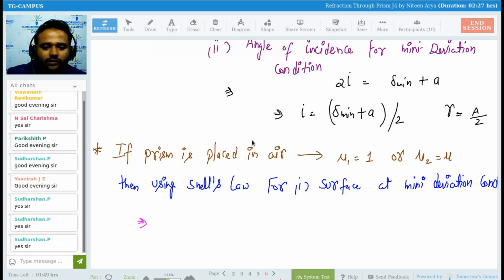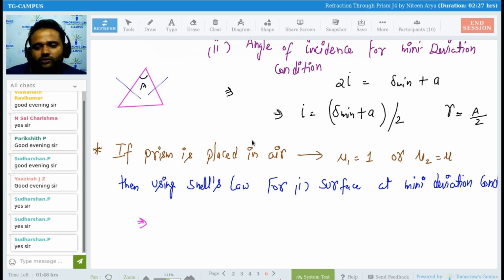If it is a prism, this is your angle of prism. Here at the first surface, if I draw the normal in this way, this is your normal, and this is again the normal.